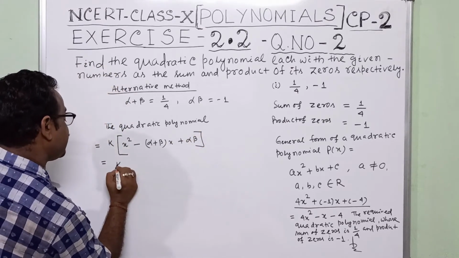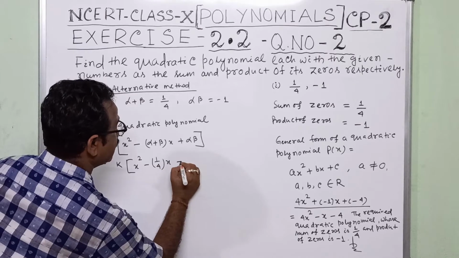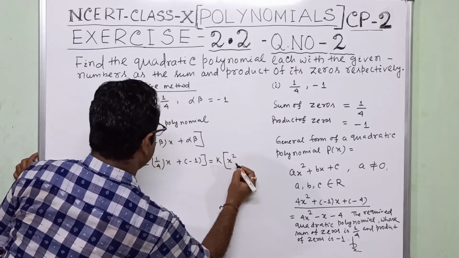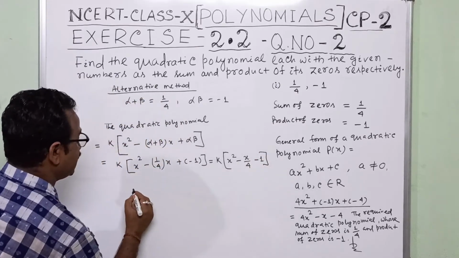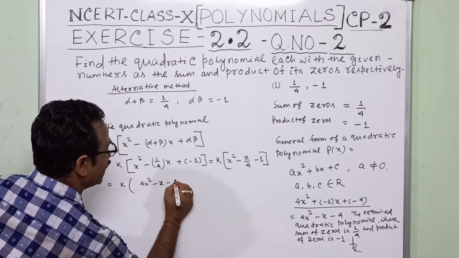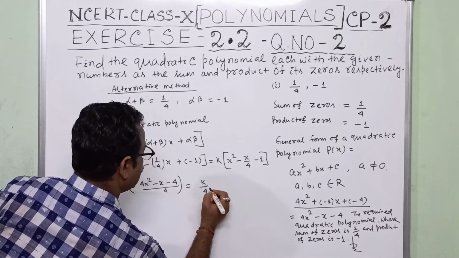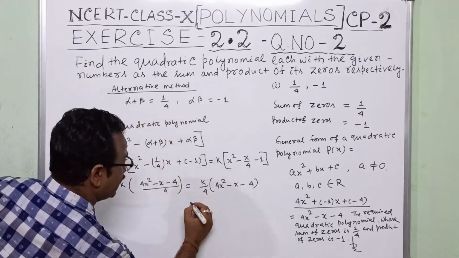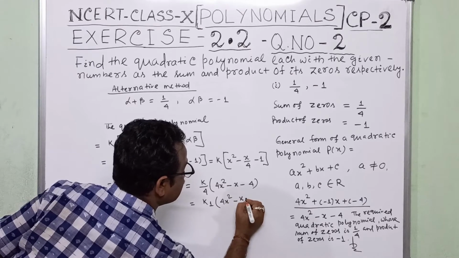We know it, that is equal to k into x square minus 1 by 4 x plus minus 1, that is equal to k into x square minus x by 4 minus 1, that is equal to k into 4x square minus x minus 4 whole divided by 4, that is equal to k by 4 into 4x square minus x minus 4, that I can write as k1 into 4x square minus x minus 4.